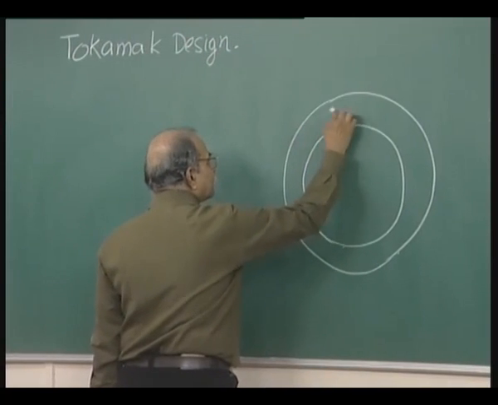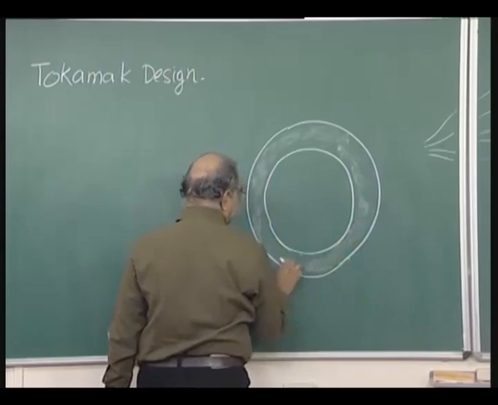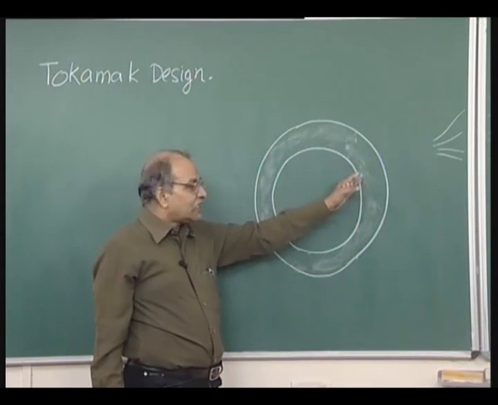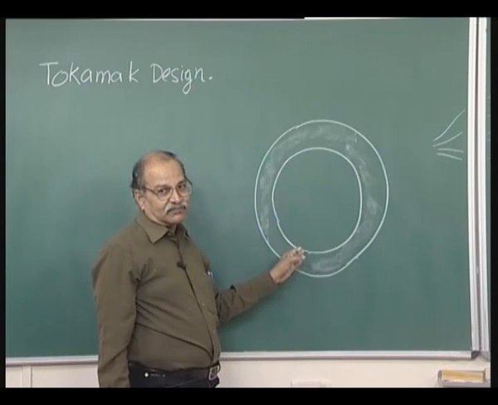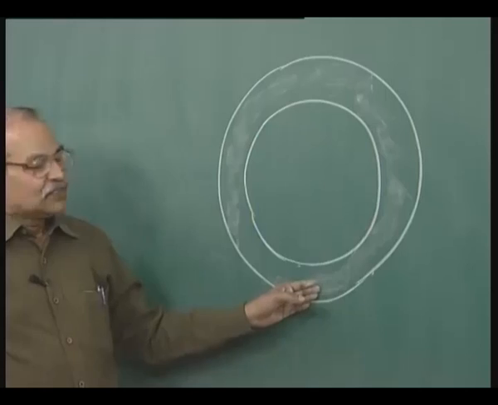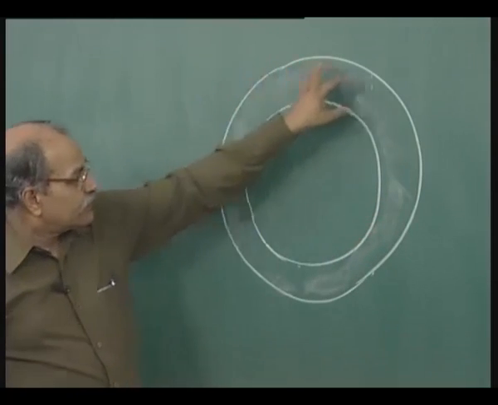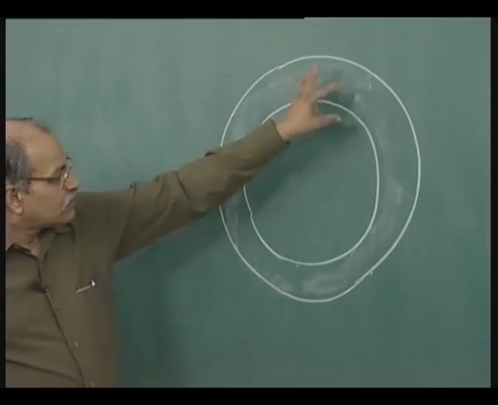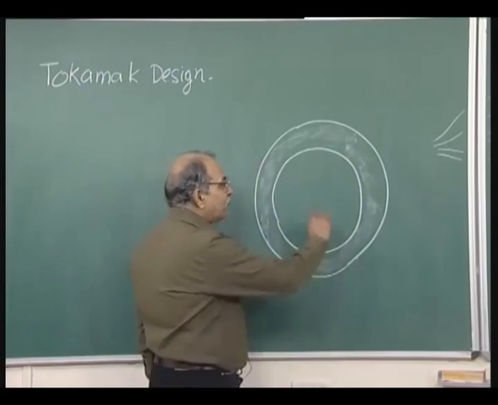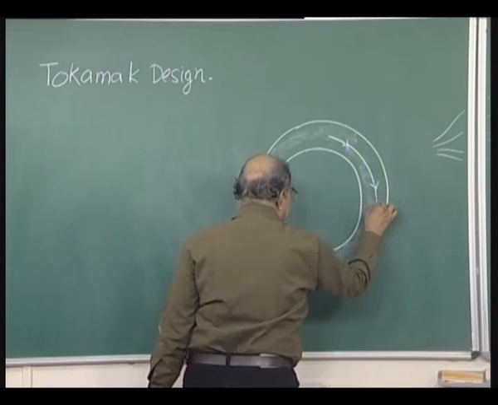So, this is the volume in which you create that plasma, and in this volume you try to confine it. So, there are no ends as such. So, that confinement in that direction is automatically taken care of. So, you have a cylindrical thing and that whole thing is joined like a tube or a torus or a donut of that type, and the magnetic fields which are needed for confinement are going like this.